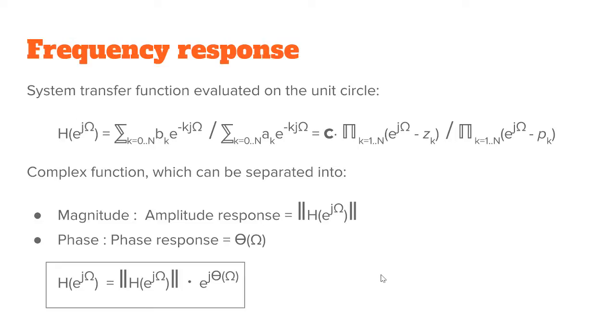So e to j omega is simply a point on the unit circle of the z-plane, and the omega angle is simply 2 times pi times the real frequency divided by the sampling rate. So it's linearly dependent on the sampling rate.